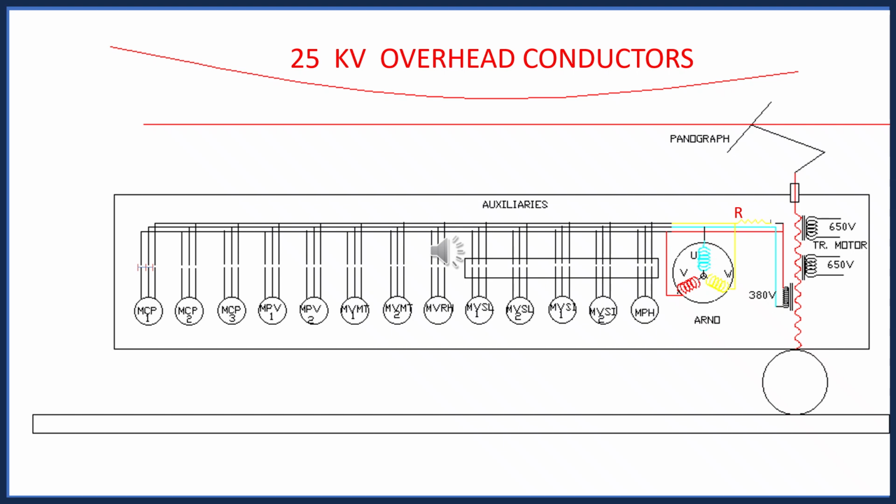We know AC is a sinusoidal wave, and if you convert it into DC by a bridge rectifier or by any other means, there will be a ripple. To reduce this we are using an inductive coil, called a smoothing reactor. It smooths the ripple to get as close as possible to pure DC.